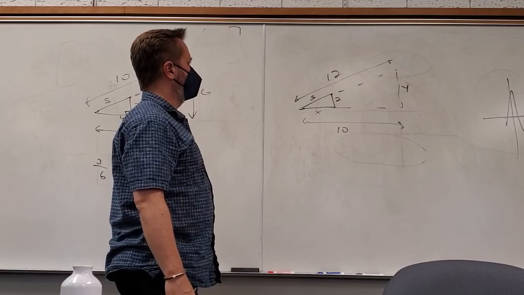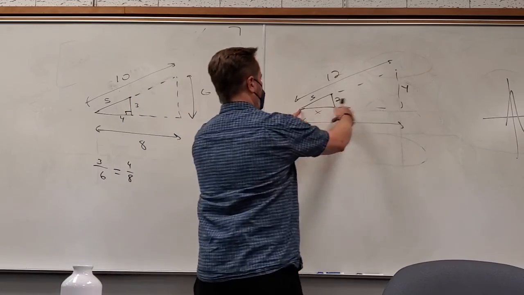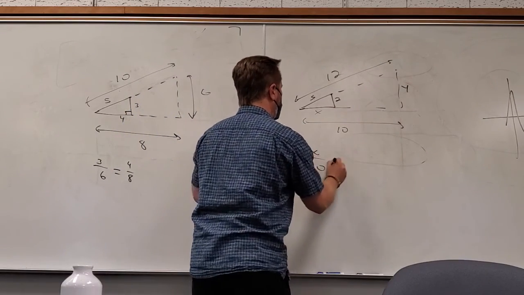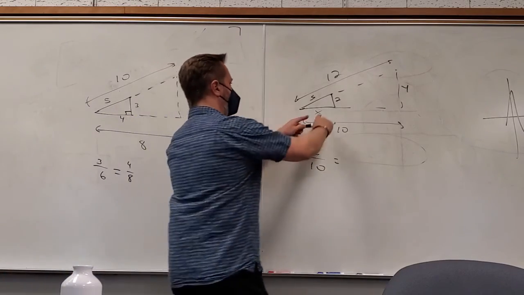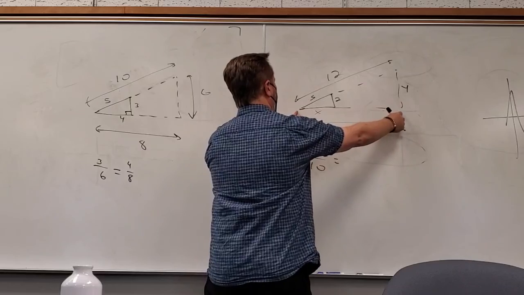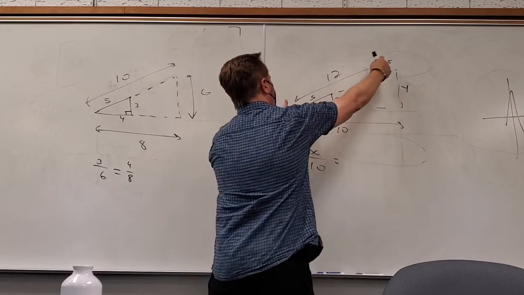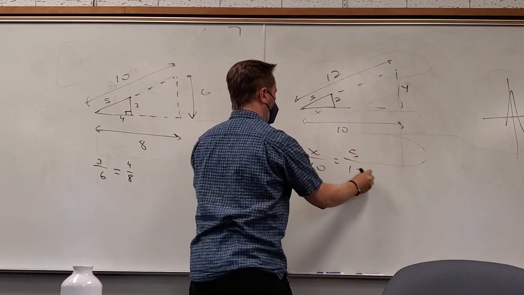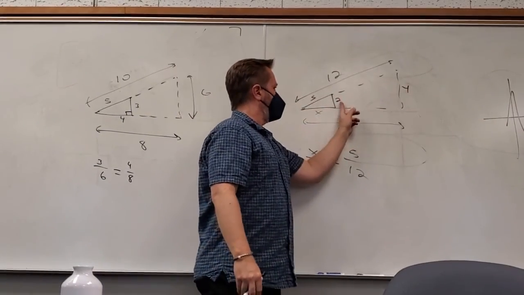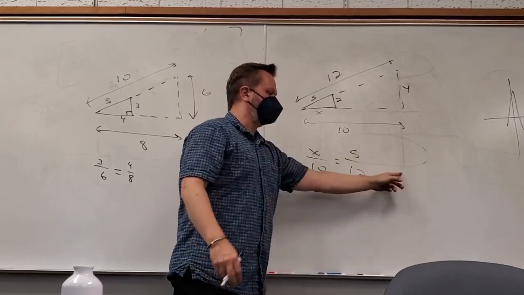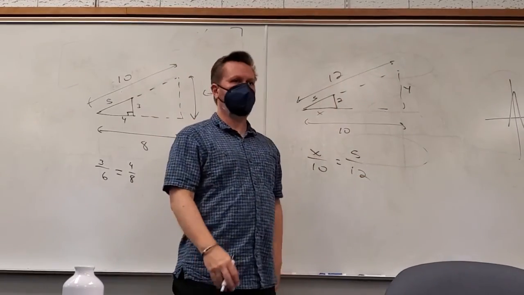X over 10? Yeah, X to 10. And then what's a ratio you can create where I know all the numbers? 5 and 12. Yeah, so you did small to big, so then small to big, yes? Couldn't you solve that for X? And then I could set up another ratio, small to big equal to this, and solve for Y, yes?